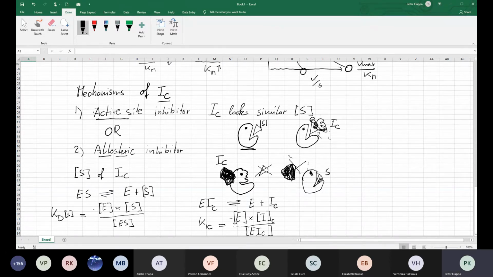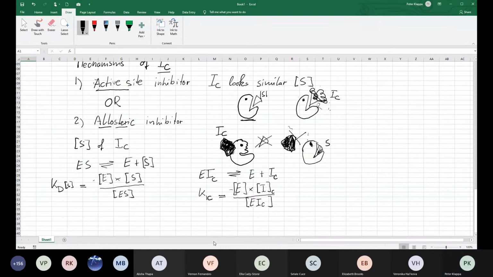Are you happy with the way I've written it? We will need this terminology, KD and KIC. So KIC just means the dissociation constant of the inhibitor.